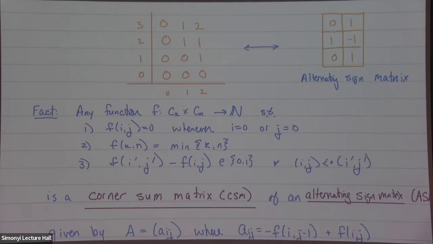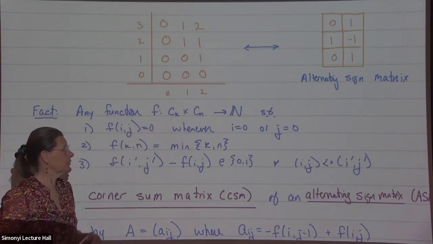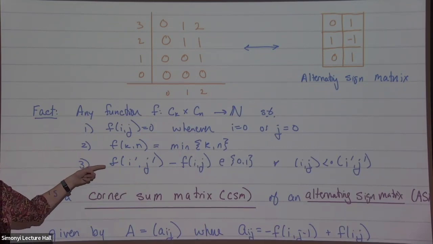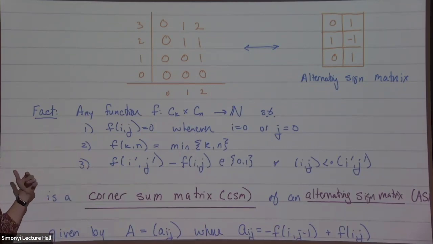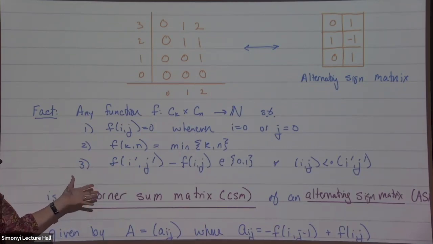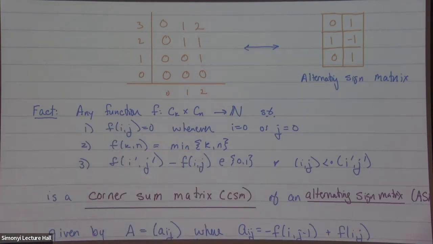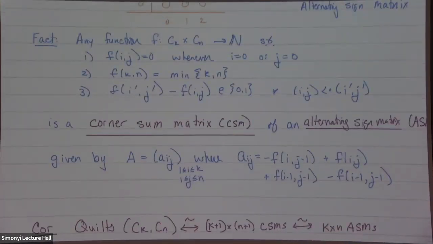And that is, anytime you have a function from C_k cross C_n to the natural numbers, such that it has the boundary conditions that we had before and Boolean growth, this will always be a corner sum matrix, and it will always have a corresponding alternating sign matrix. And the way that you get the alternating sign matrix is by doing this little recurrence that I was trying to explain.